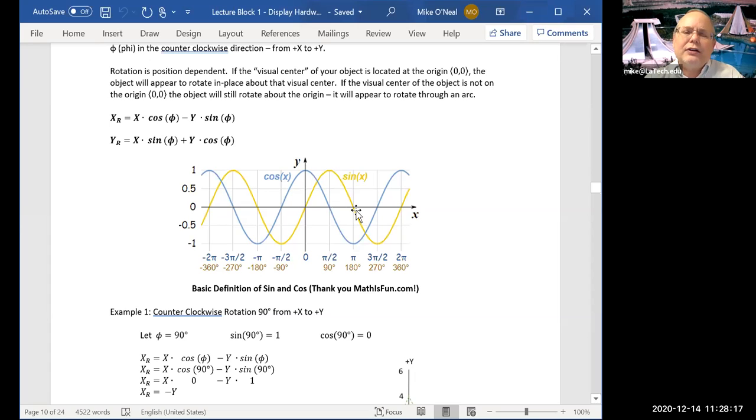If you go another 90 degrees, the sine will be at 0 and the cosine will be at -1. If you go another 90 degrees, the cosine will be at 0 and the sine will be at -1. If you go another 90 degrees, you'll be back where you started with the sine at 0 and the cosine at 1. And so they're the same thing. They both have the same magnitude, they both have the same periodicity. You might say, 2 pi sounds familiar. Well, right, it's based on a circle, right?